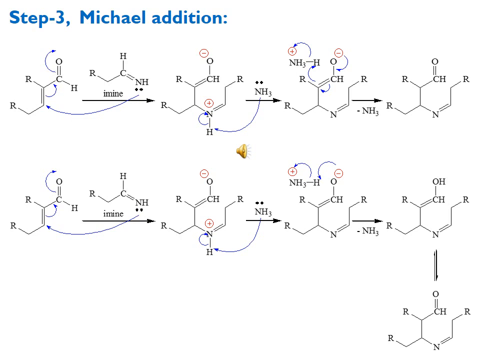This can be explained by number 1: nitrogen is more nucleophilic as compared to oxygen, so nitrogen will act as the nucleophile, and we get the nucleophilic attack from the nitrogen of the imine towards the beta carbon.